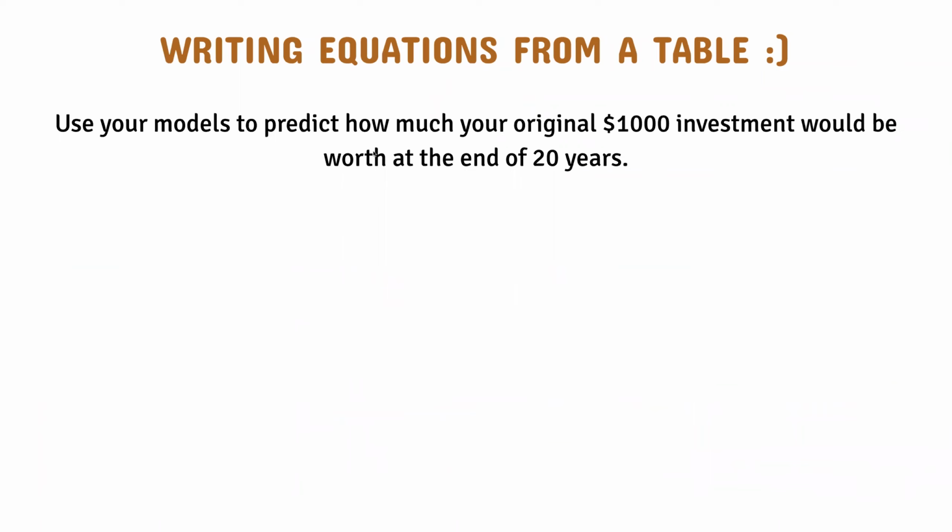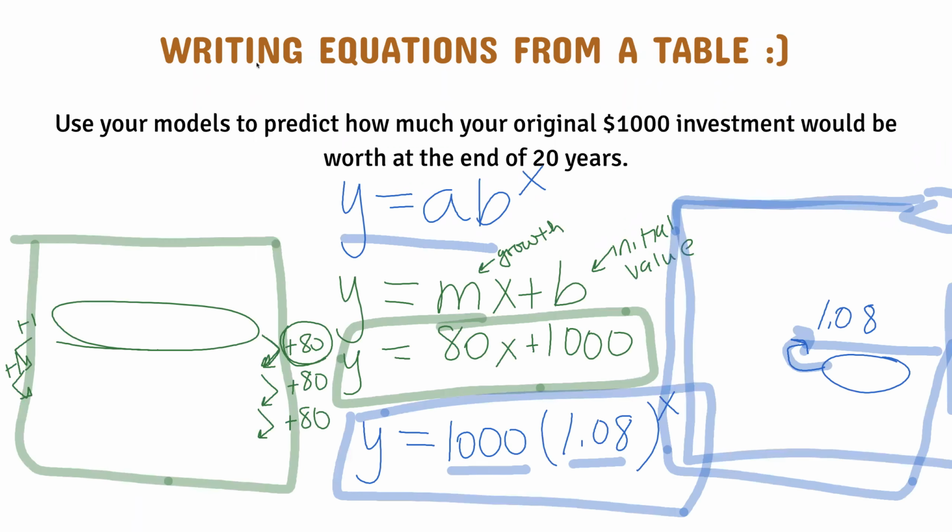Now, use your models to predict how much your original $1,000 investment would be worth at the end of 20 years. Okay, so let me remind myself, it was 80x plus 1,000 and 1,000 times 1.08 to the x. Here, let me just write them down so I don't forget them.